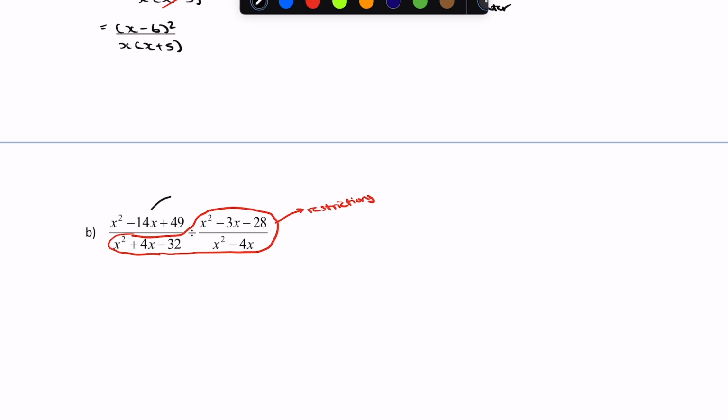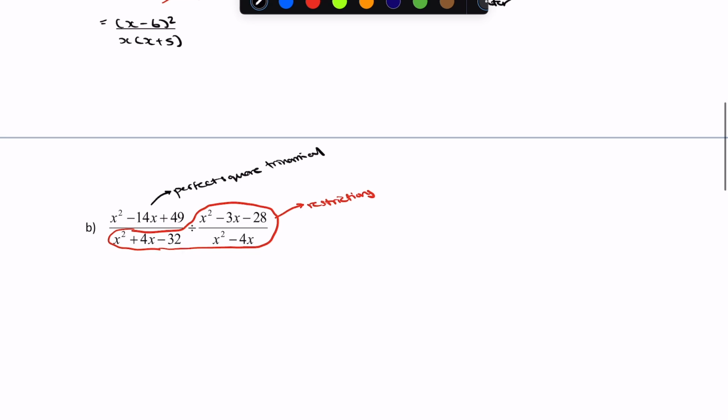So here we have a perfect square trinomial, x squared minus 14x plus 49. That will give us x minus 7 squared.